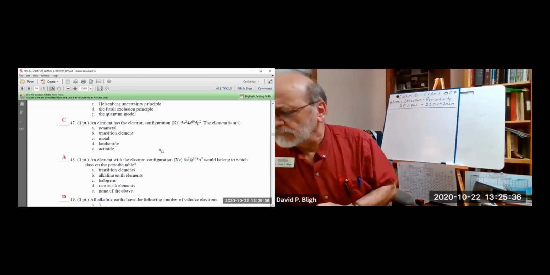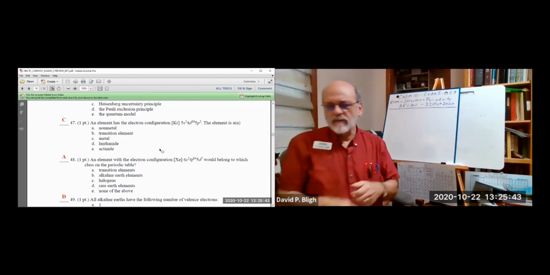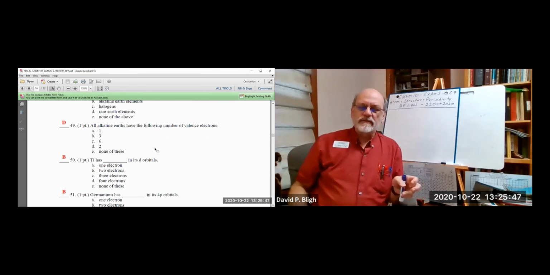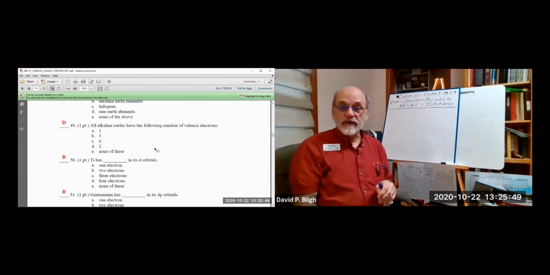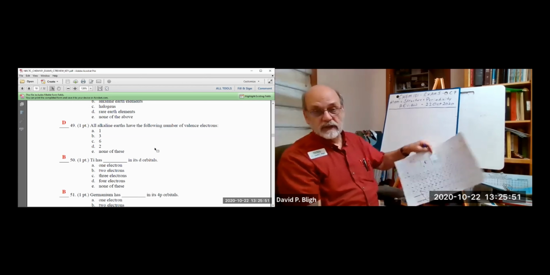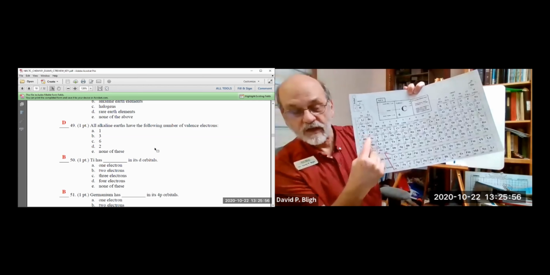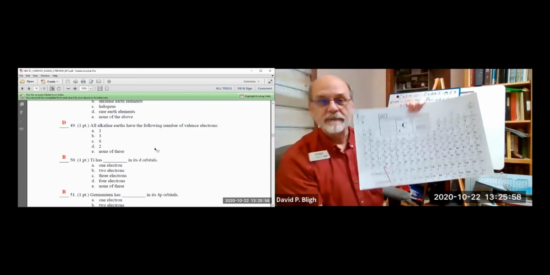Okay, let's see. Number 49, alkaline earths. Which one are they? They're the second column. Right. Alkaline metals are the first. Second column is alkaline earths.